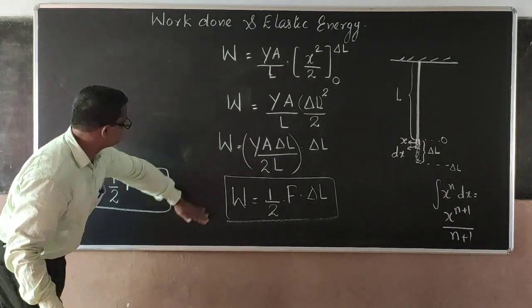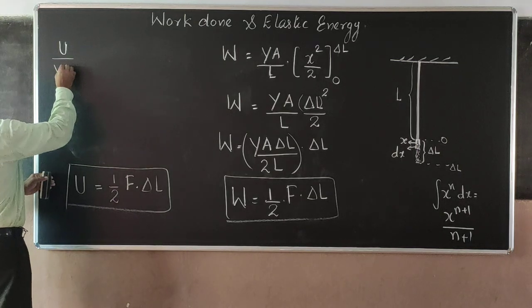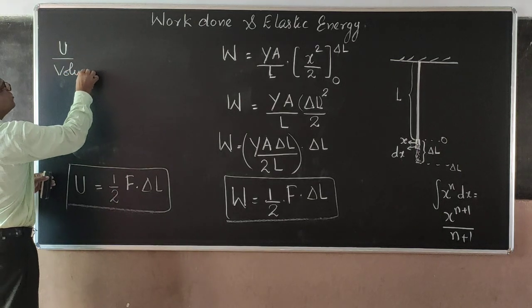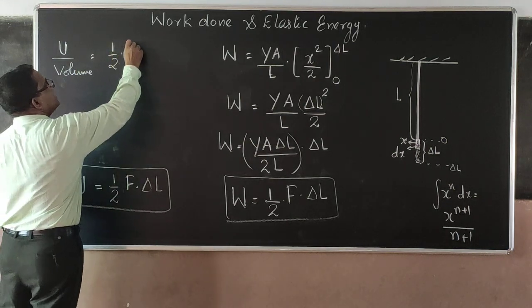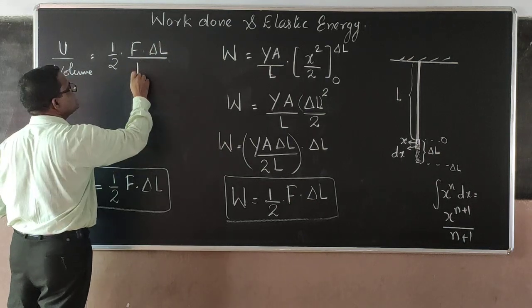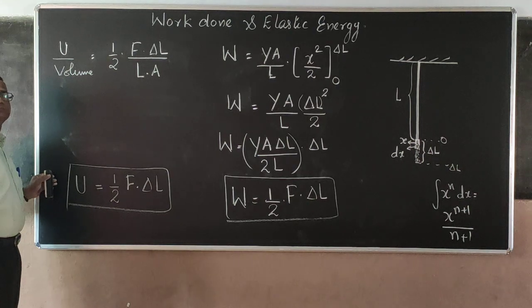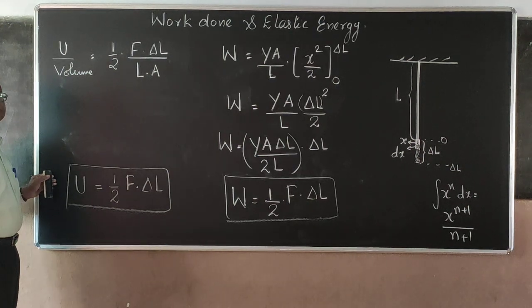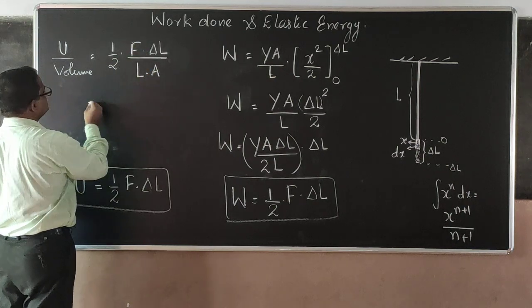So energy by volume will be equal to half into F into delta L divided by the volume of the wire, which is length into area of cross section. So F by A, stress, and delta L by L, strain.